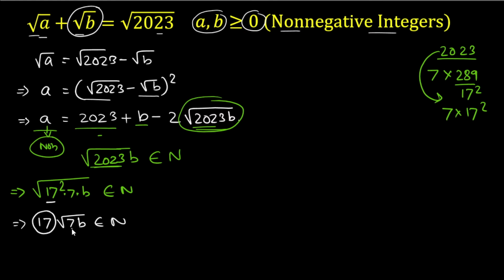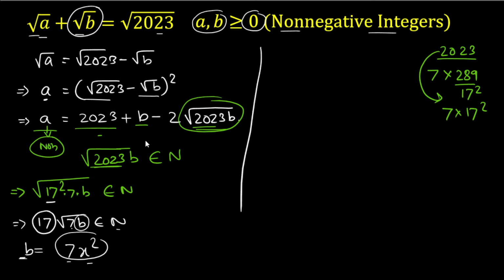Now for taking 7 outside the square root, we'll have to multiply this value by 7, and for taking b outside, we take it as a square. So let's take 7x squared as the value of b. So for making b a non-negative integer, we can equate it to 7x squared. Likewise, we have calculated the value of b; similarly, if we calculate the value of a, then we get 17 square root of 7 times a.